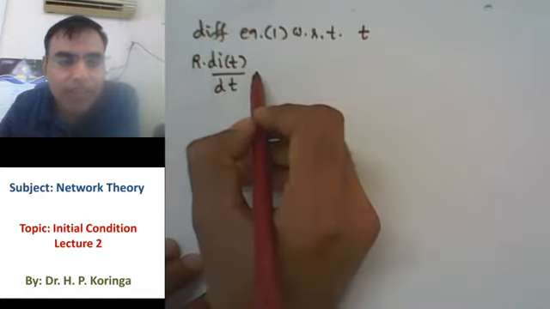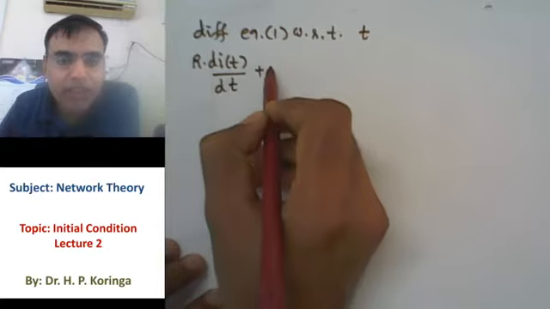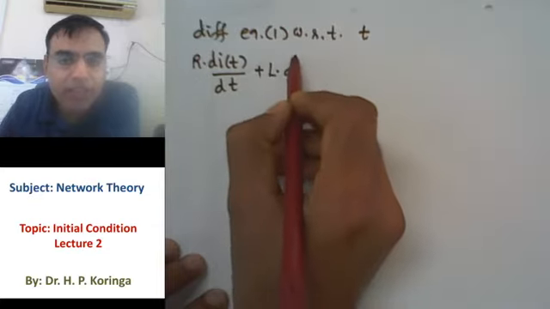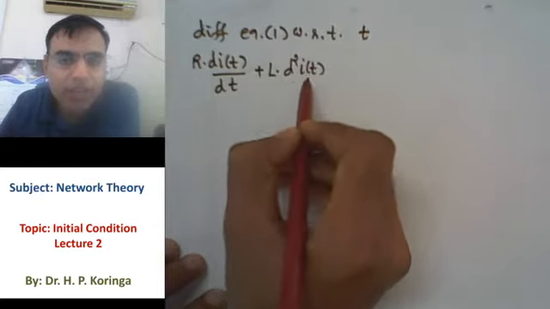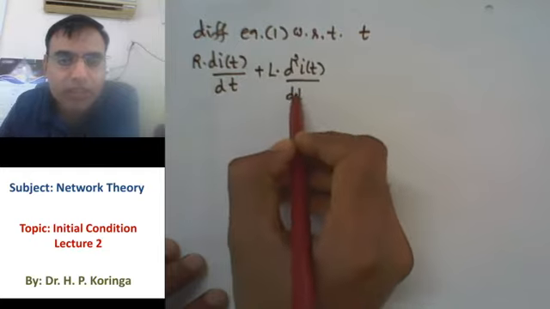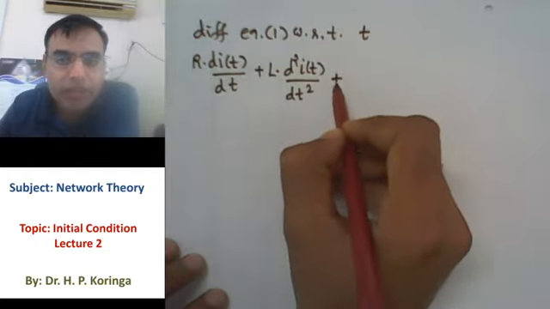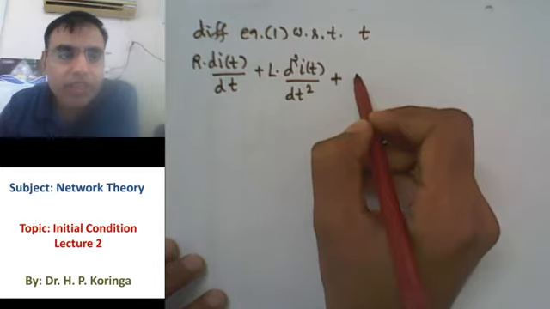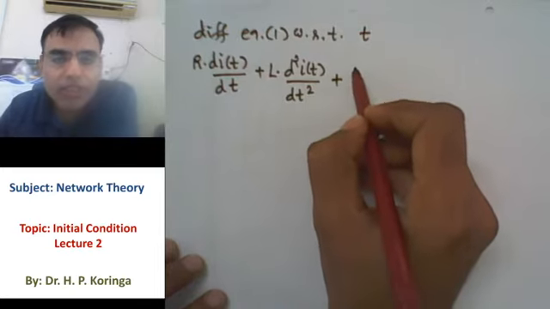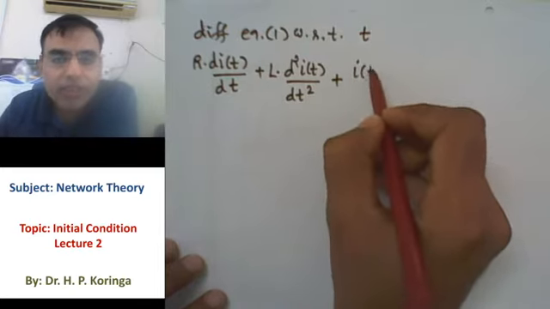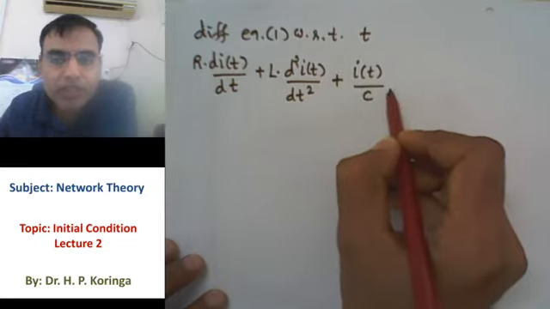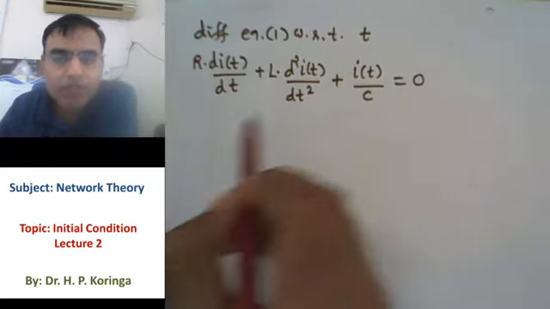Differentiation of L di by dt is L d square I of t divided by dt square. And differentiation of 1 upon C integration of I of t dt, integration and differentiation cancel, so it is I of t divided by C is equal to 0.